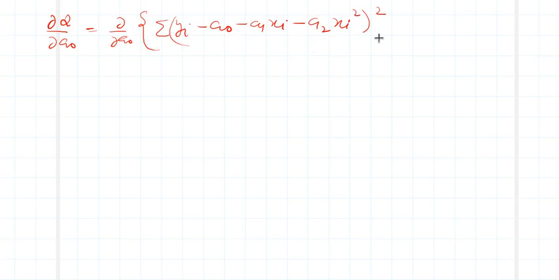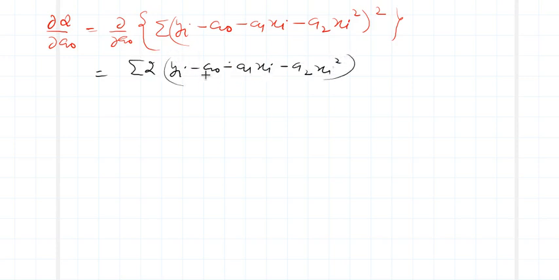Let us do a little algebra. It comes out to be summation 2 times yi minus a naught minus a1xi minus a2xi square, and with respect to a naught a minus 1 comes out, so this minus 2 can be taken outside the summation, because it is a common factor.